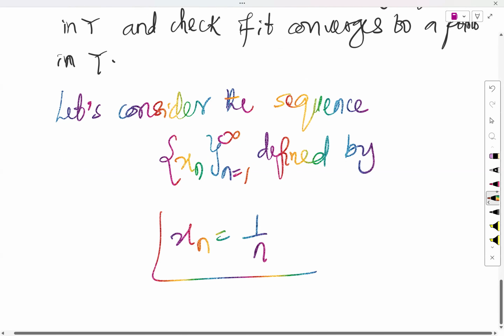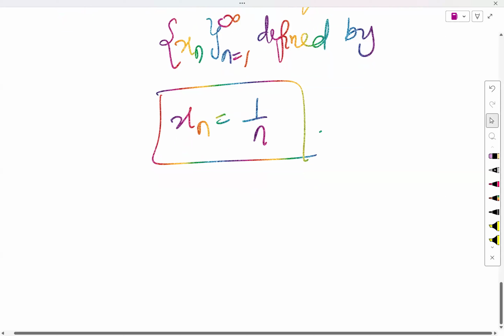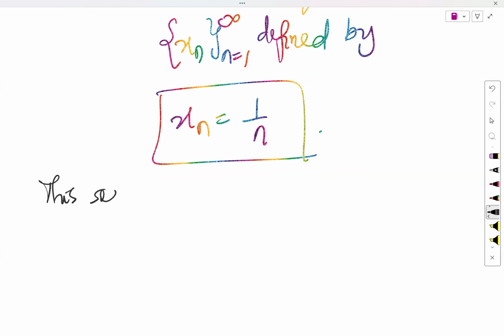We established previously that it is Cauchy because as the values progress, the distance between consecutive values becomes smaller and smaller. So we see that this sequence is a Cauchy sequence.